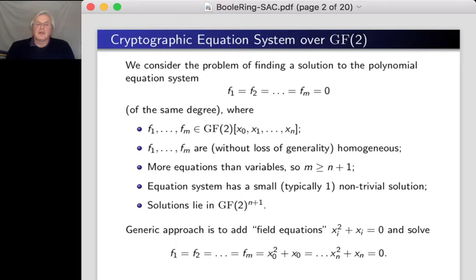So we end up with a non-homogeneous system, f1 equals f2 all the way up to fm equals 0, and x0 squared plus x0 and so on up to xn squared plus xn, and all those equations are required to equal 0. And then typically approaches to solving multivariate systems such as XL and Gröbner basis have been used on the original equations and these field equations.